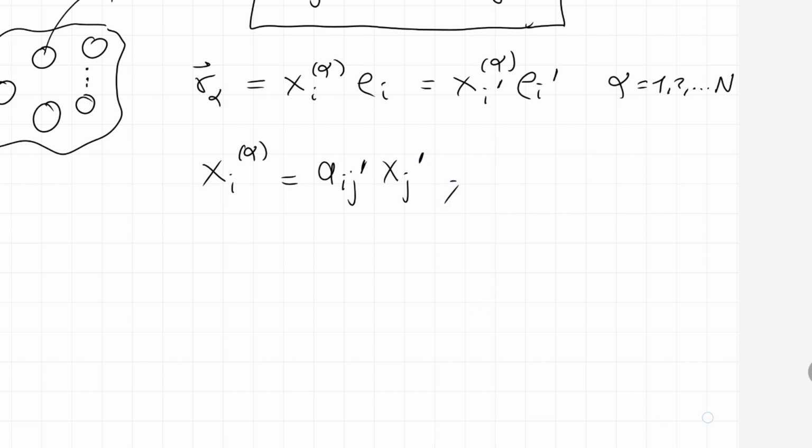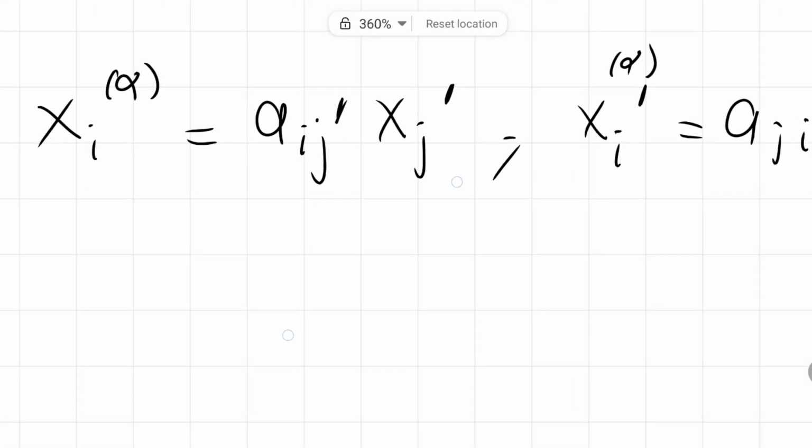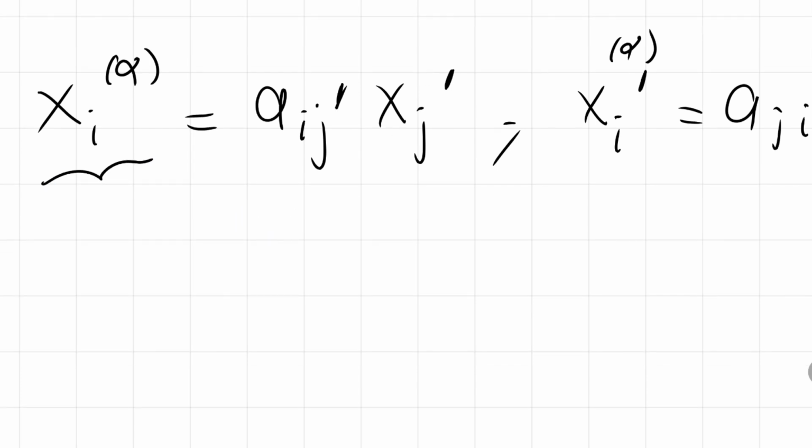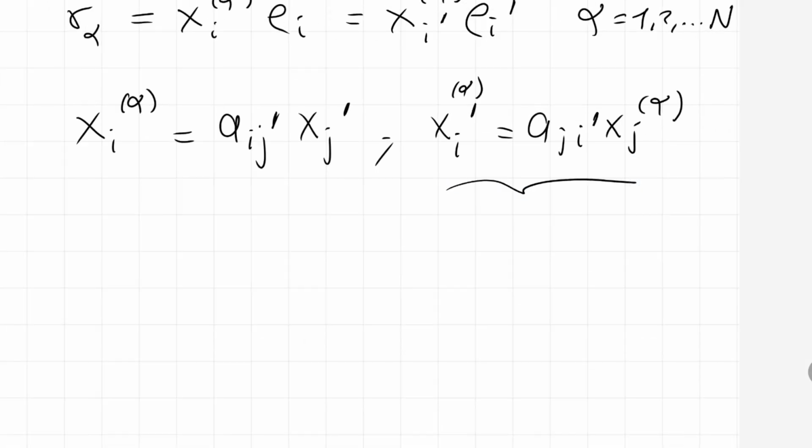On the other hand, xi prime for the alpha vector is going to be equal to a_ji prime xj alpha. Again, we are taking a component with the prime basis and multiplying it by some term that will allow us to take that component through the natural coordinate system. And this will be like the inverse operation.